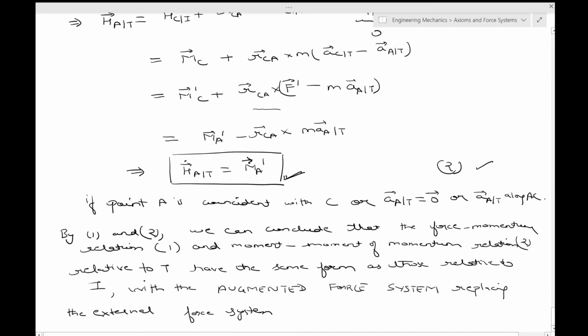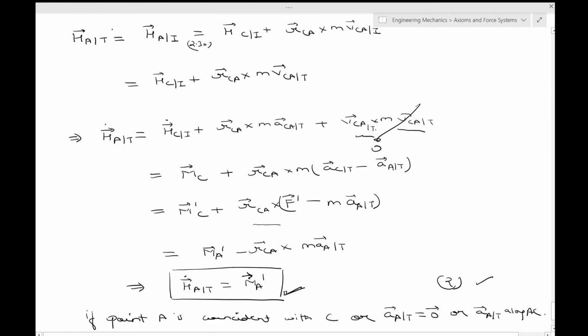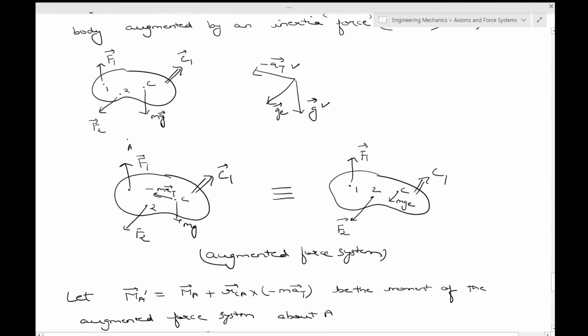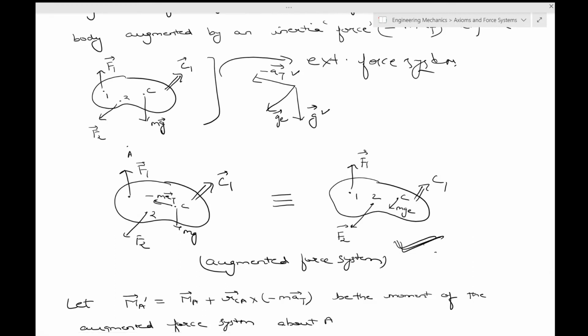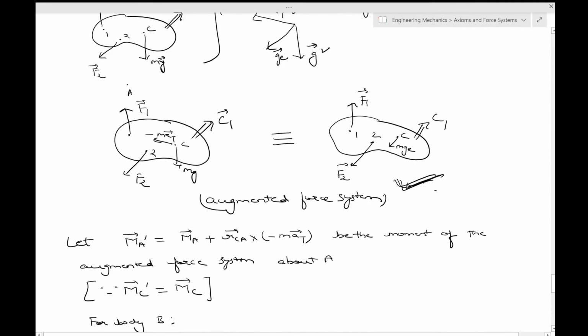So here, for example, this was the external force system. And if you replace this by the augmented force system, you can still write the force momentum and moment of momentum equation about the point A if there is a translating frame T. Only thing is you have to replace it by an augmented force system, which is over here.